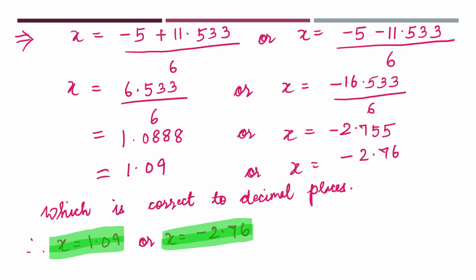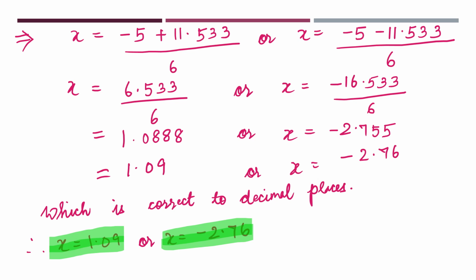Now see how we have solved it. x is equal to minus 5 plus 11.533 upon 6, or x is equal to minus 5 minus 11.533 upon 6. x is equal to 6.533 upon 6, 11.533 minus 5 will give you 6.533, or x is equal to minus 5 minus 11.533, that will be minus 16.533 upon 6.